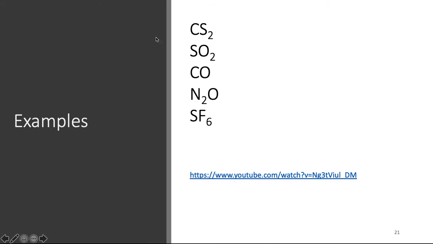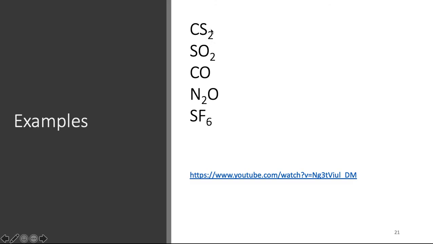Okay, and I also have examples. I've made a video here on how to name these compounds. Here's what I mean by the mono. Carbon here has a subscript of 1, even though we don't write it, but we assume that it's 1. So for carbon, we don't write monocarbon, we just write carbon.